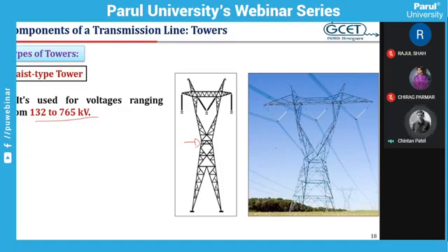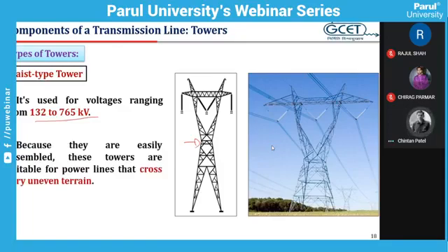The design is very strong. So this type of tower is used for very uneven terrain, uneven region. And generally, two suspension type insulator strings are used, and the middle line conductors are supported with the help of a V suspension string.